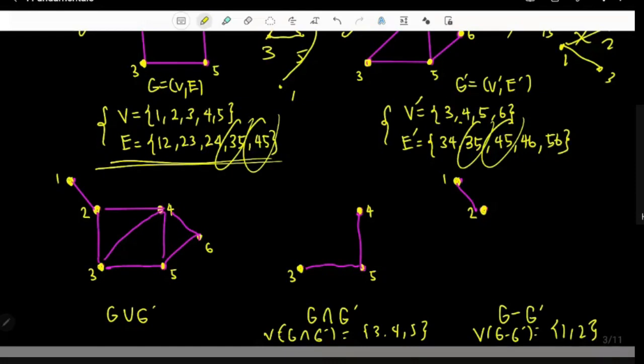Now, how about 2, 4? So, what will happen? Wala naman siya dito sa intersection. Although 2, 4 is not in E prime, kasi E prime yung tinatanggal natin, we no longer have a vertex 4. Right? So, since we no longer have vertex 4, then this will be removed as well. So, ang matitira na lang, 1, 2, tsaka the same as 2, 3. Wala na rin tayong vertex na 3. So, ang matitira na lang, yung 1, 2 na lang ang natira. Kaya yun lang yung natirang edge. 1, 2 na lang.